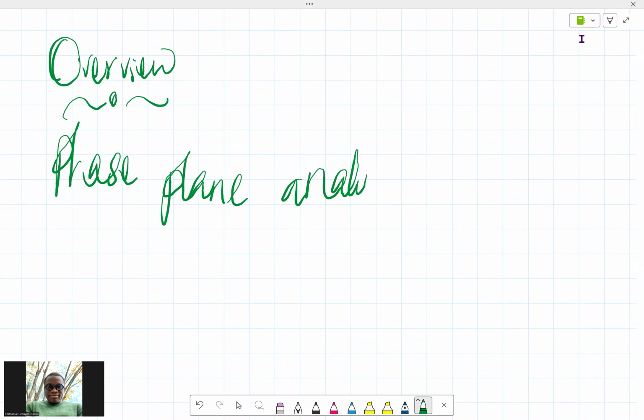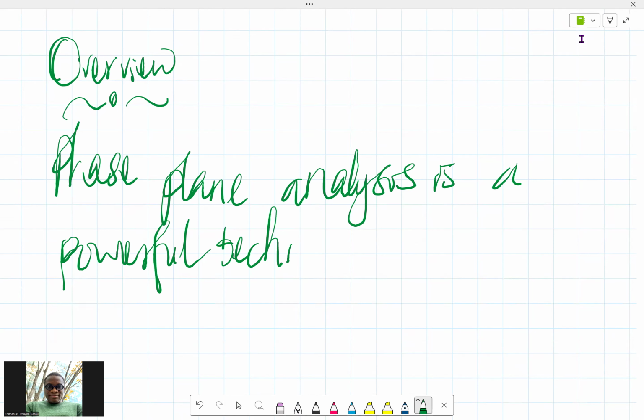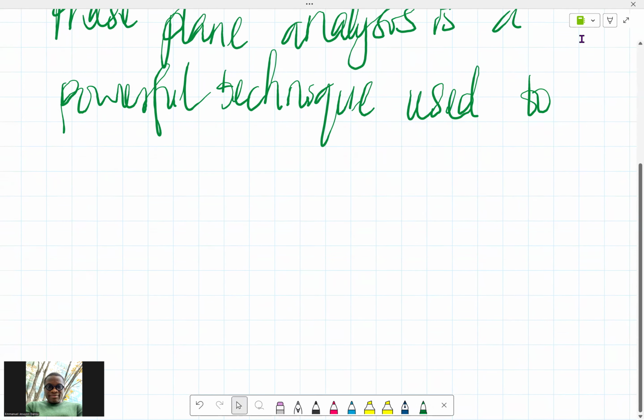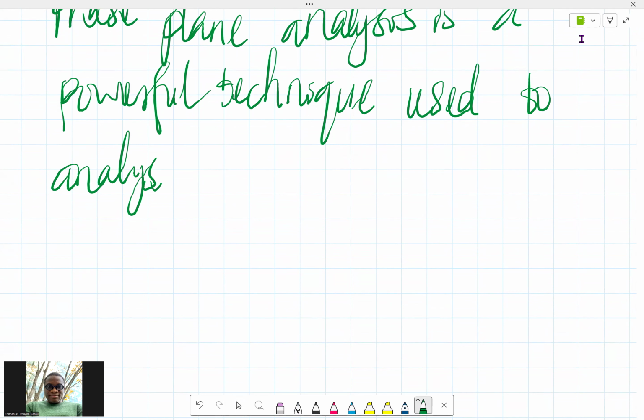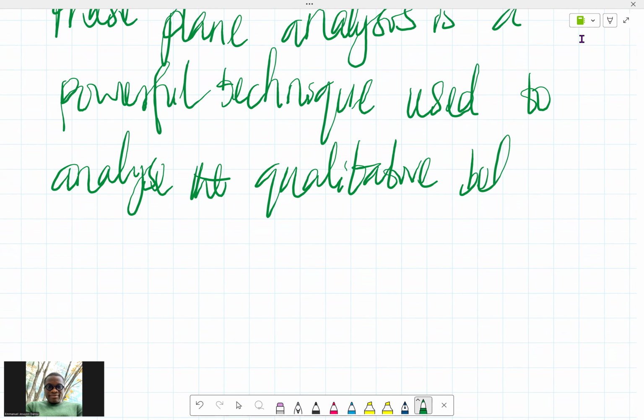Phase plane analysis is a powerful technique used to analyze the qualitative behavior of nonlinear dynamical systems.